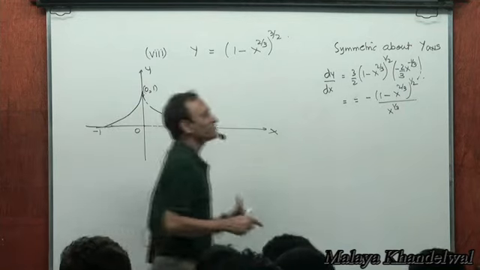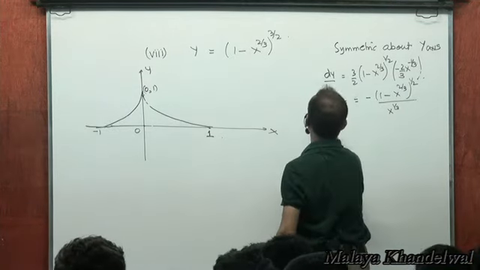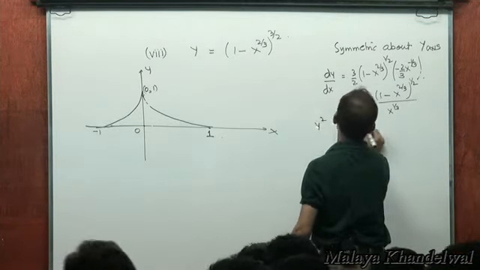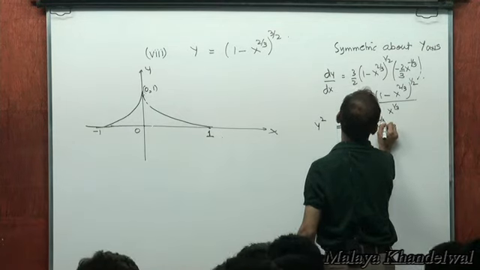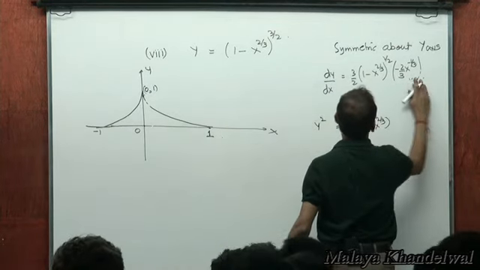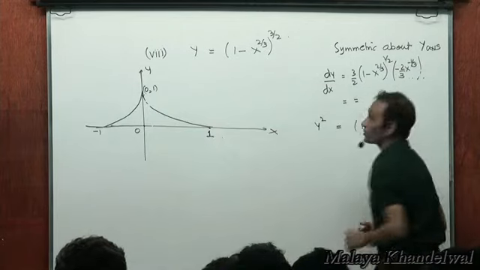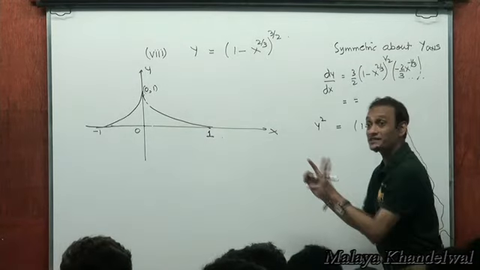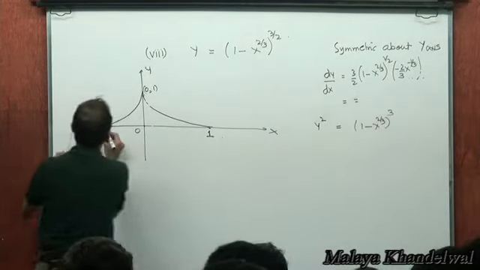However, if someone said, draw the graph of y squared equal to (1 minus x to the power 2/3) whole to the power 3, then it will be the same except that this would get added.